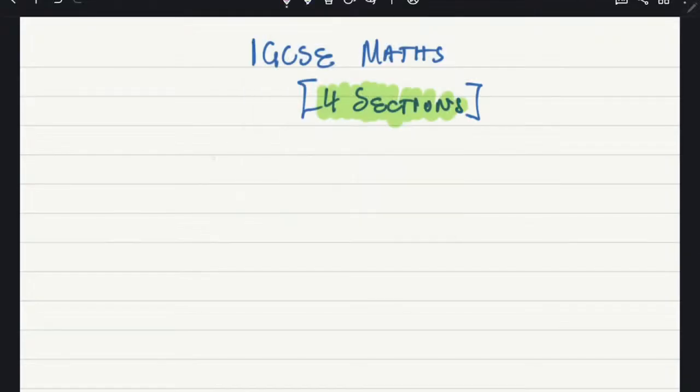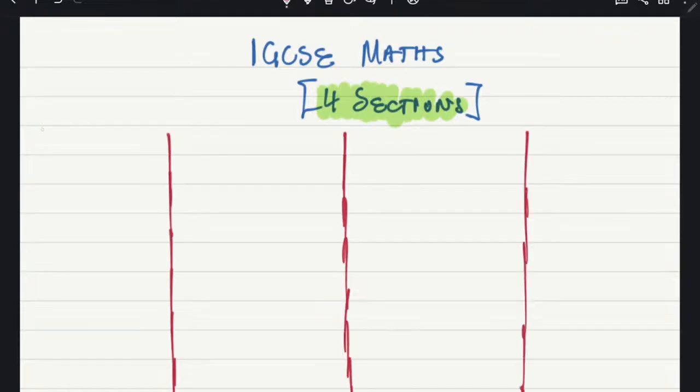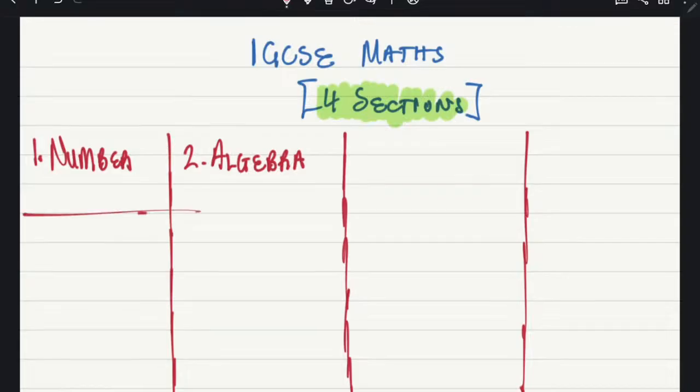We'll analyze each section to see what type of questions come from section 1, section 2, and section 3. Section 1 of maths is number, and section 2 of maths is algebra. This we do every day, and it looks unnecessary, but it's so important. That's why I know you're going to do well.